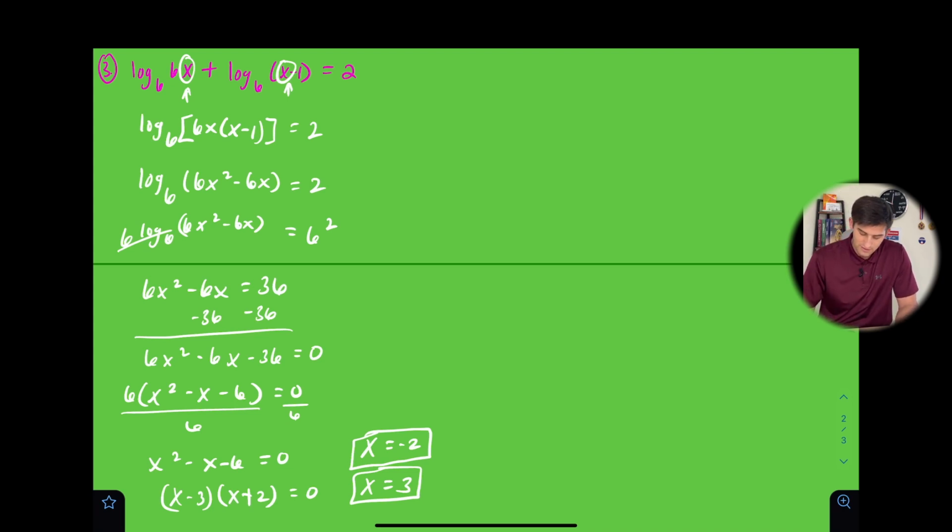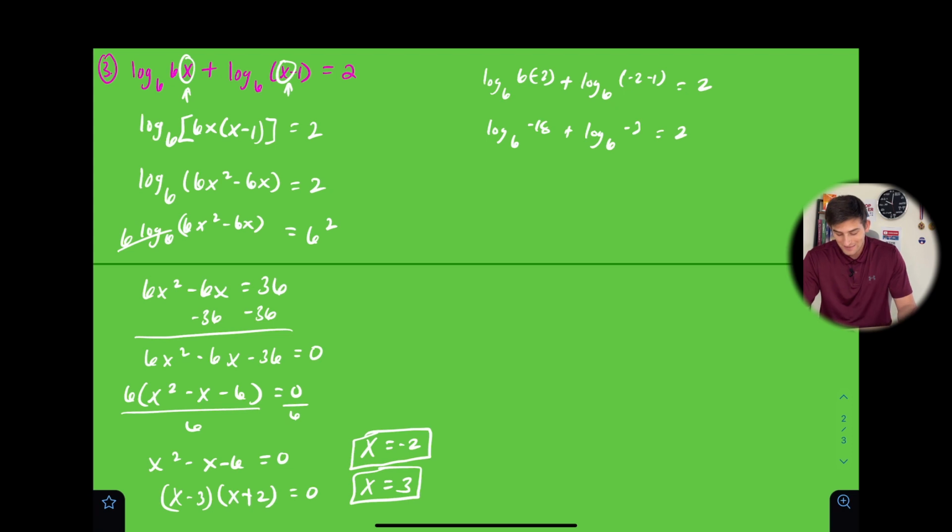All right, so let's start with negative 2. So we're going to say log base 6 of 6 times negative 2 plus log base 6 of negative 2 minus 1 equals 2. So we're going to run into a problem here because we are going to have log base 6 of negative 18, log base 6 of negative 3.